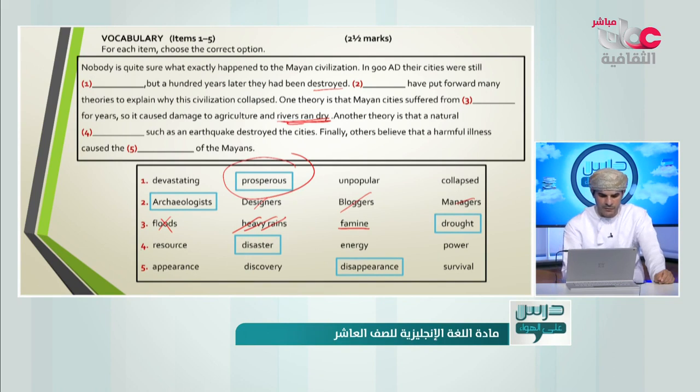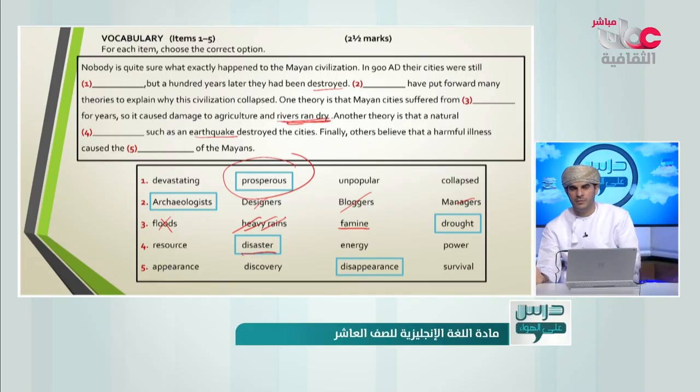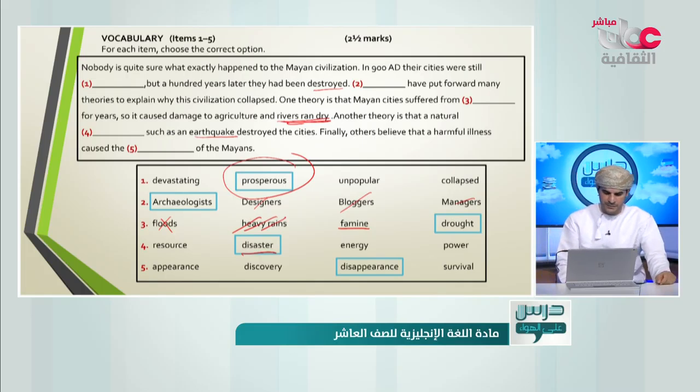Okay? Number 4, such as earthquake. Earthquake is a disaster, not a resource, not energy, not power. Because this is explaining something between people. It's not a natural. So a natural disaster. 5, others believe that harmful illness.